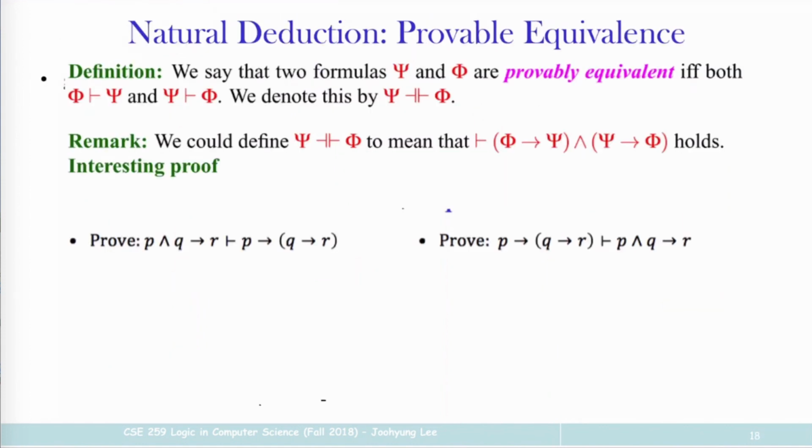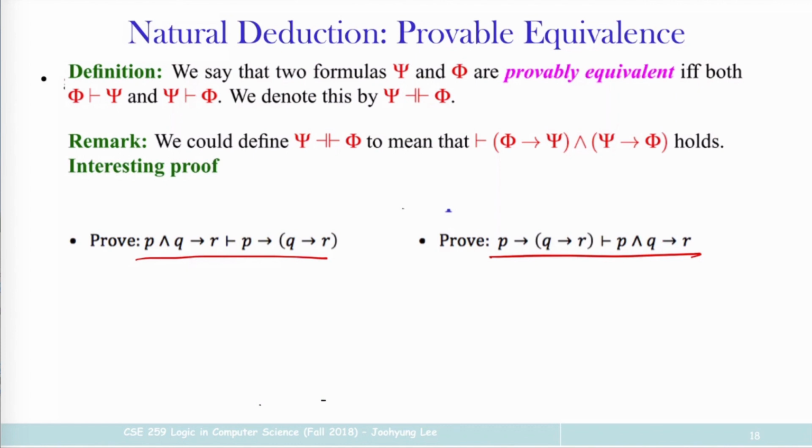So in the main proof, you see that we assume some formula F and derive G, and also assume G and derive F, right? So if you can prove these things, actually this is one of the examples. We actually showed this proof.